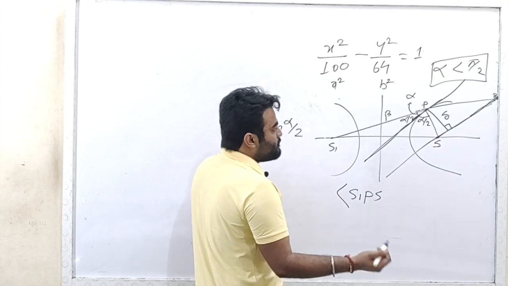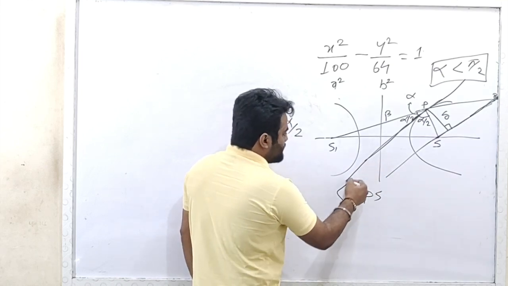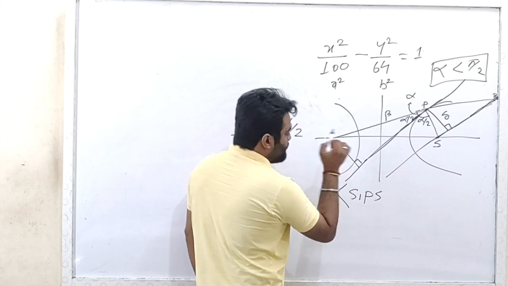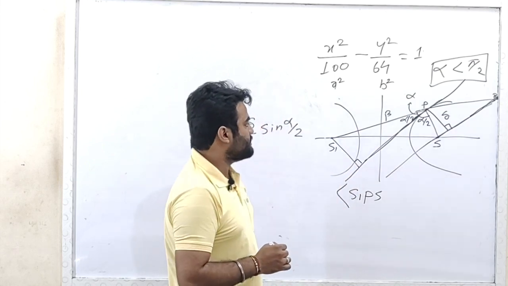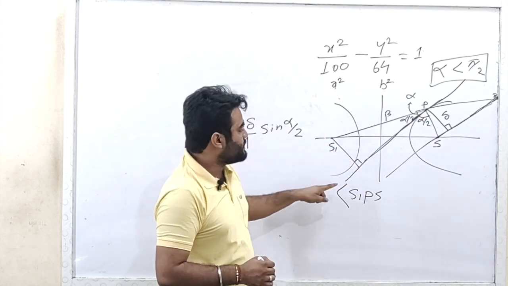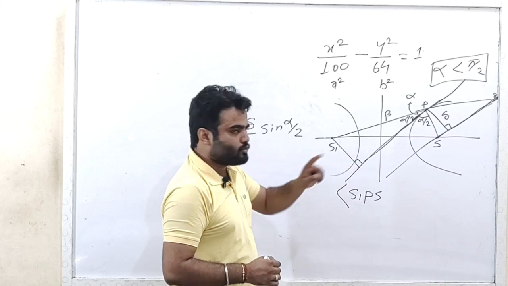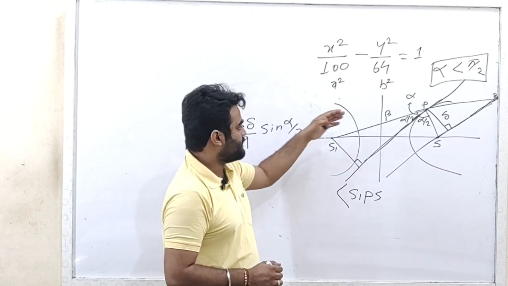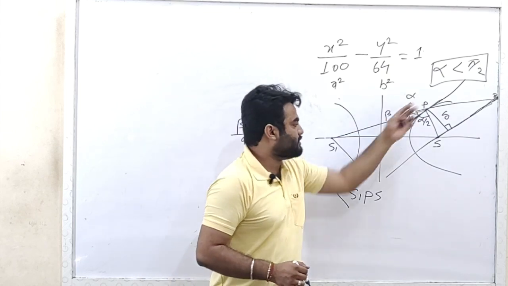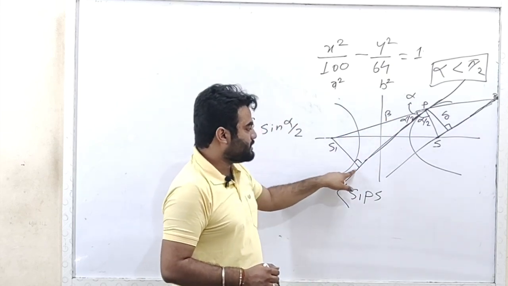Now one more thing you can see: if I extend this line further and join one line over here, making it perpendicular to the tangential line from the focus S1, we have two perpendicular distances joining the tangential line from the two foci.